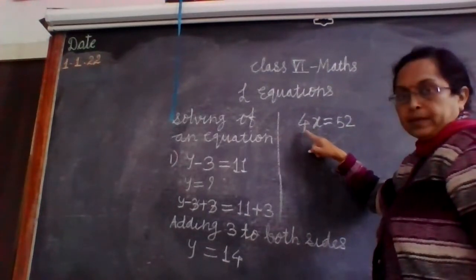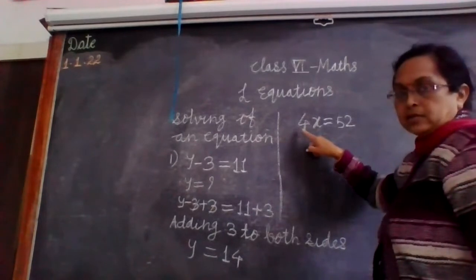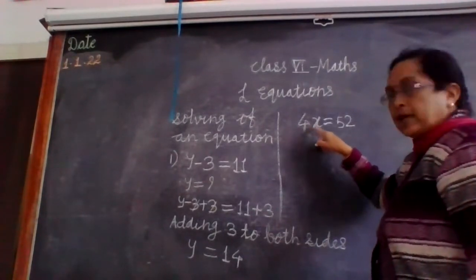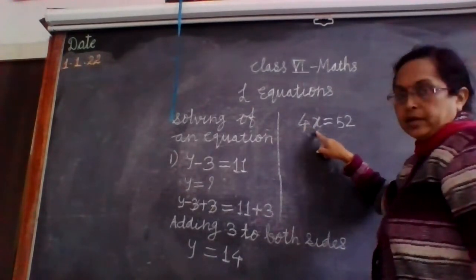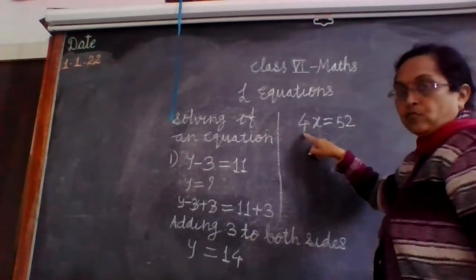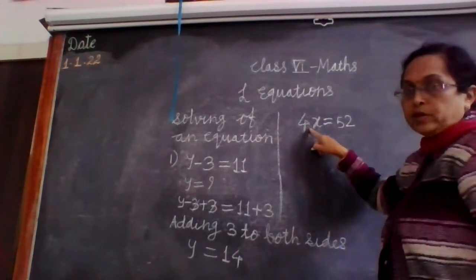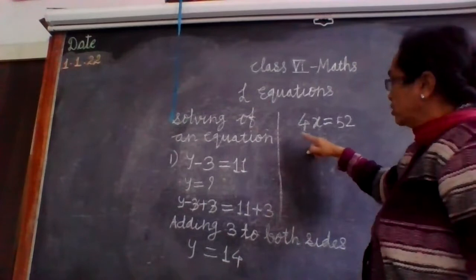So to cancel this constant 4: 4x means 4 is multiplied with x. So which operation do we have to do to cancel that 4? It is multiplied with x, so we will use division.